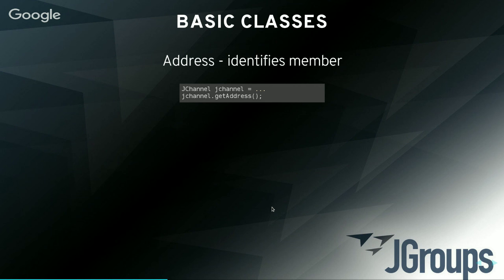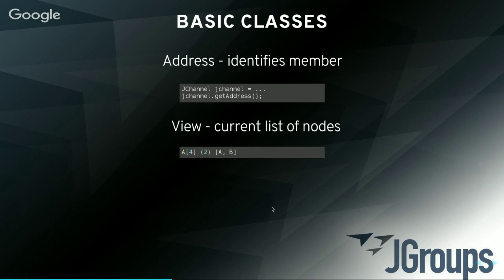This is a class, so you can add additional properties into the address. For example, it is a very common use case to add a rack ID to the address, so you know which nodes are collocated in the racks. This can be very helpful.